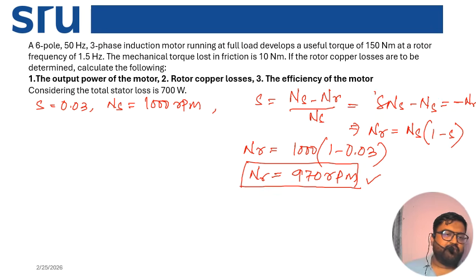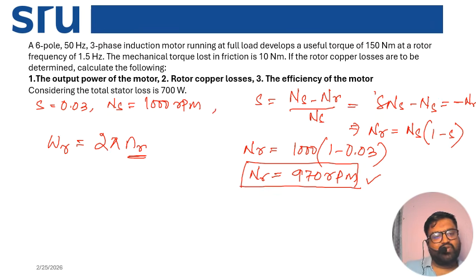But what we need is omega R. Omega R is 2 pi small nr, so small nr is required. How to calculate small nr? Small nr is nothing but Nr by 60, that is 970 RPM by 60.